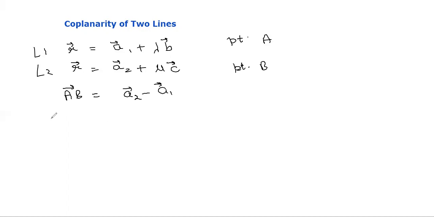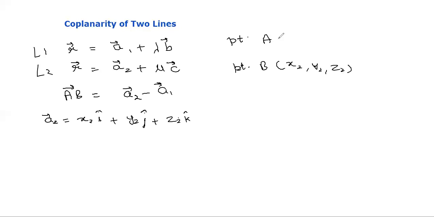Suppose vector A2 is given by x2i plus y2j plus z2k, and obviously it must be the coordinates of point B, that is x2, y2, z2.